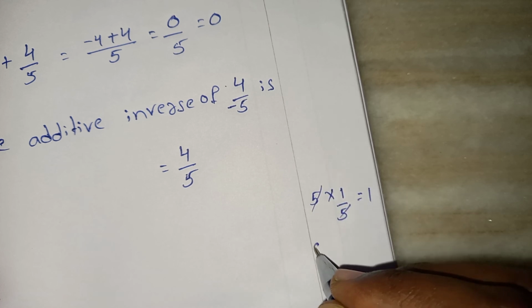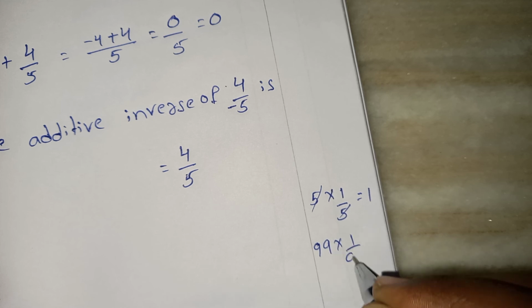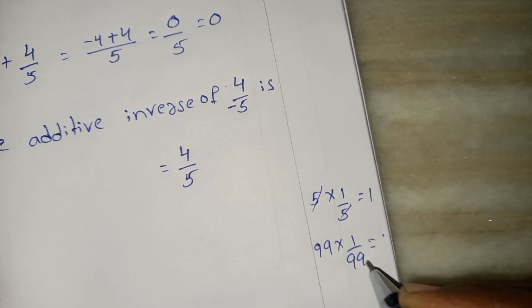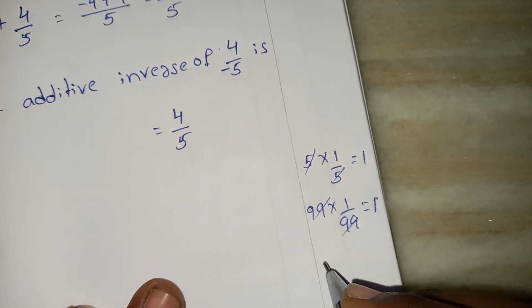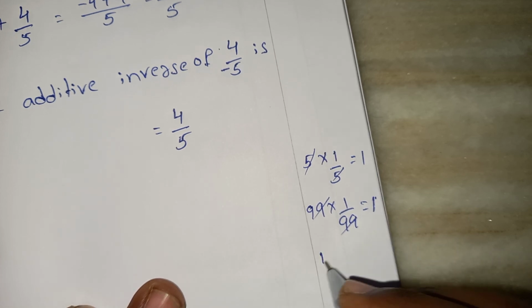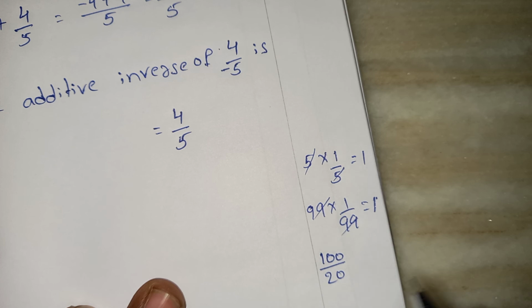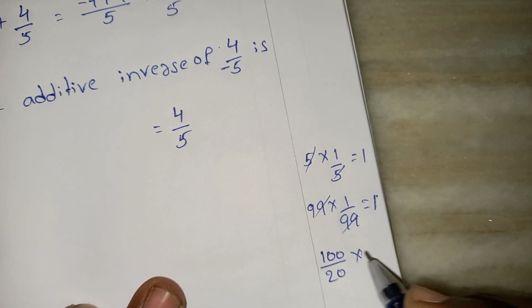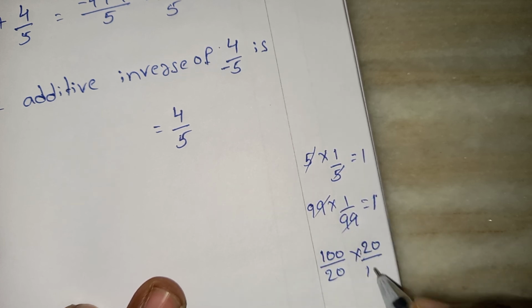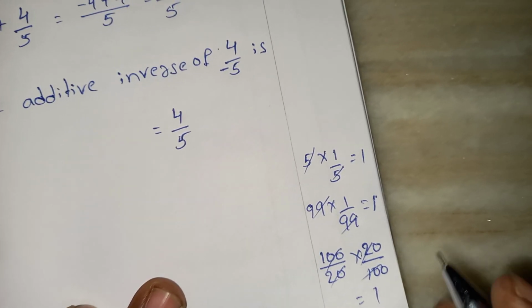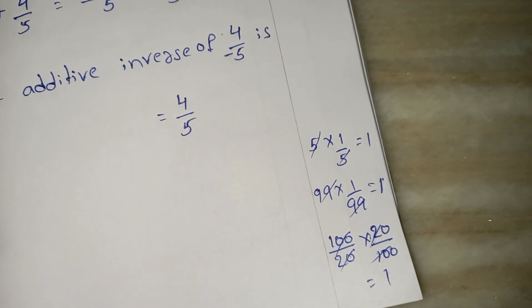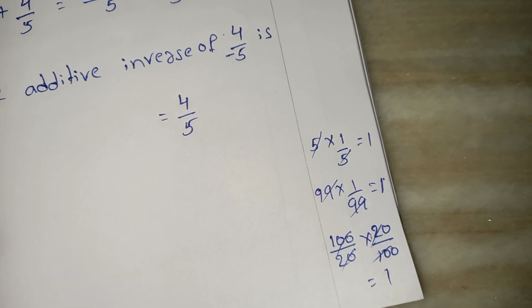In the same way, 99 into 1 by 99, 99 cancels, answer is 1. For example, I am going to take 100 by 20. What do you have to use? Just reverse, 20 by 100. Everything will be cancelled. Answer will be 1. So this is called the multiplicative inverse of the numbers.